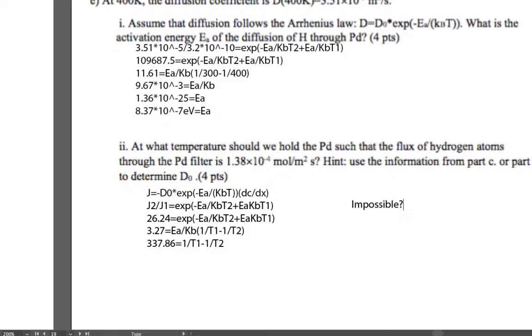So let's do that. 1.36 times 10 to the power of negative 25 there, and then you divide it by 8.314 divided by 6.02 times 10 to the power of 23. Wait, that's EA over KB. Duh. 9.67 there times 10 to the power of negative 3. So we actually get that number.